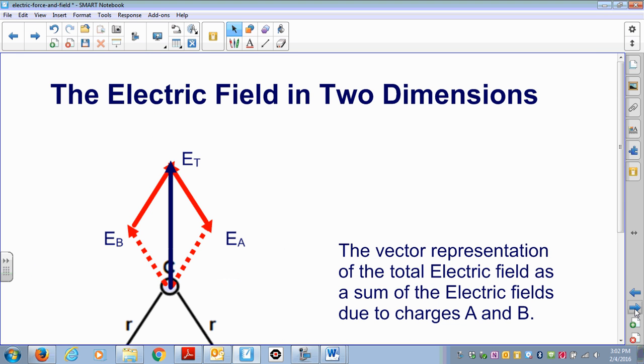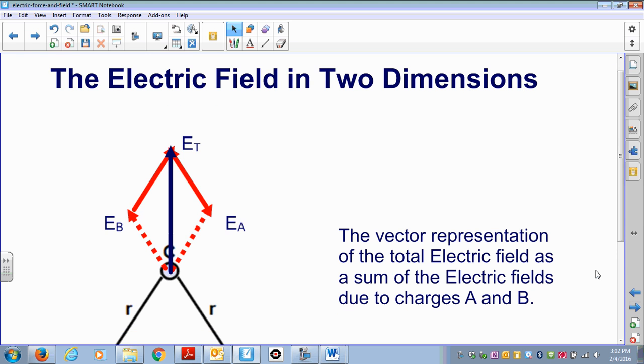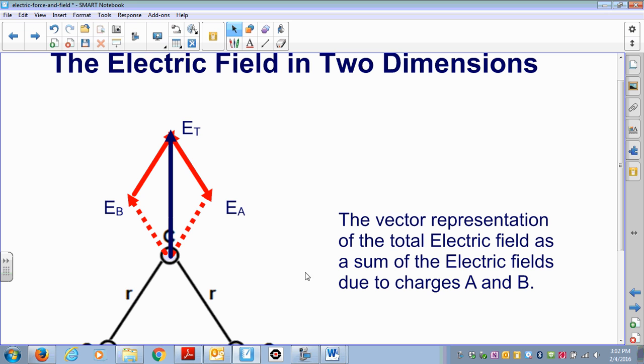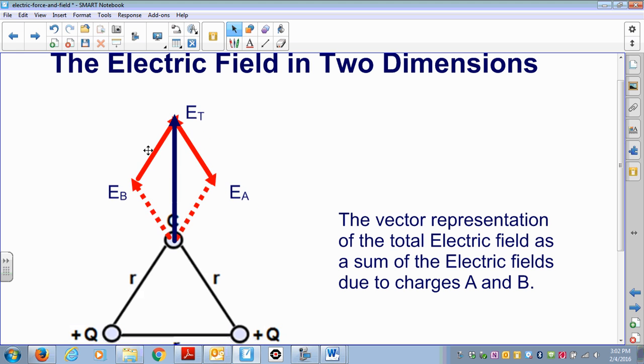Okay, so now let's go ahead and look at this again. The vector representation of the total electric field as a sum of the electric fields due to charges A and B. Okay, so if I take this piece right here, actually they have it grouped together. And this arrow, by the way, is going up, not connected to this one. So if I take this piece right here and I form my parallelogram, do y'all remember the parallelogram?